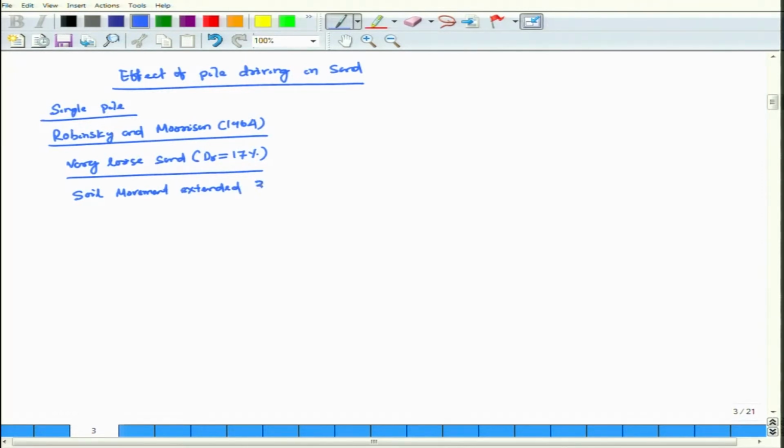If I drive a pile here in a loose sand, soil movement extends 3 to 4 times the pile diameter.